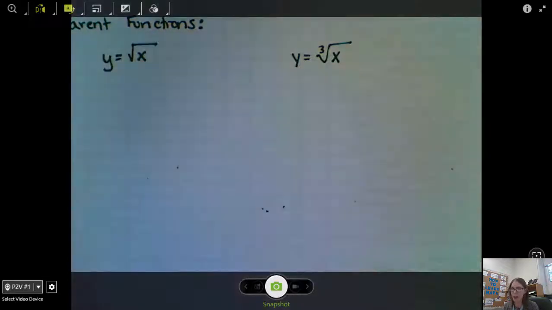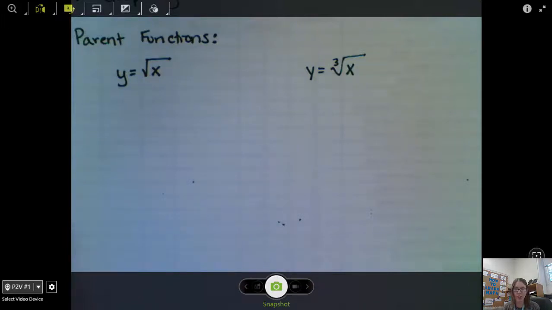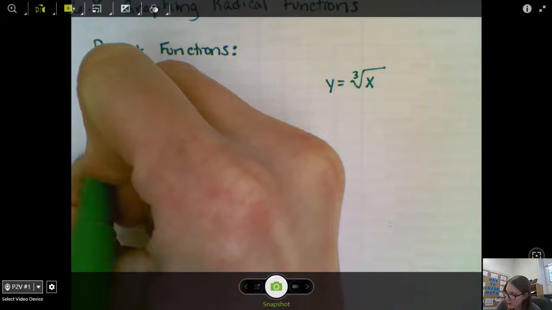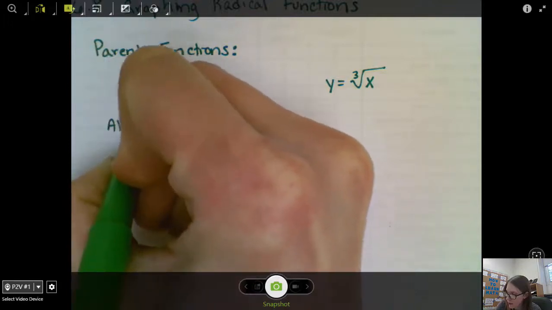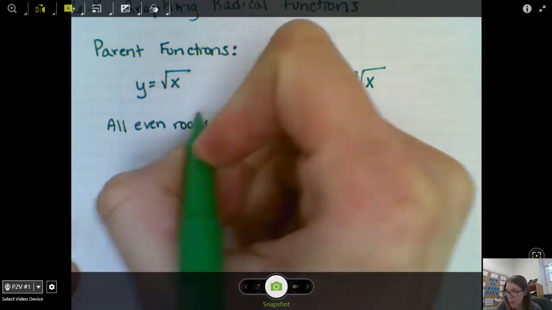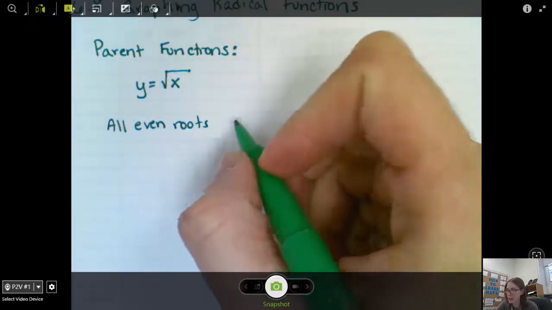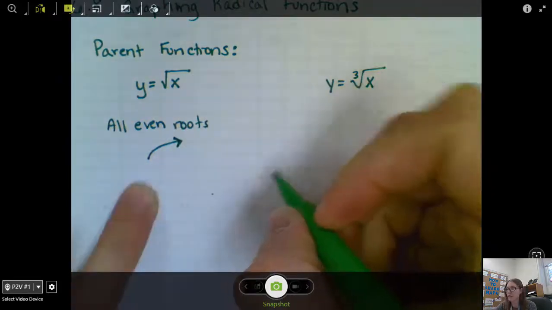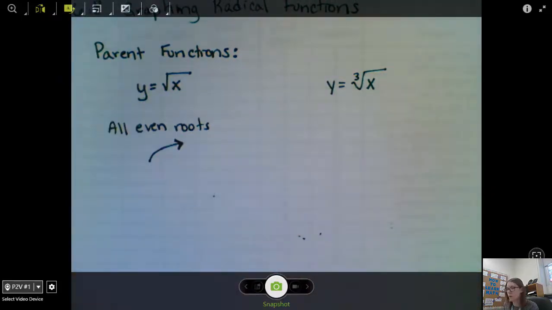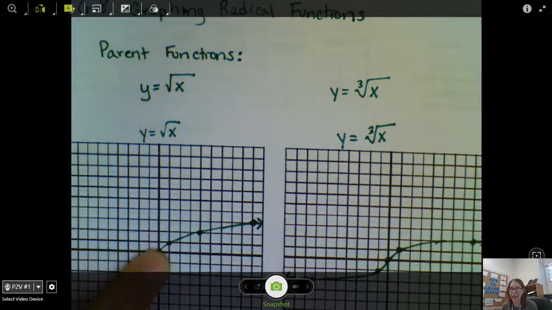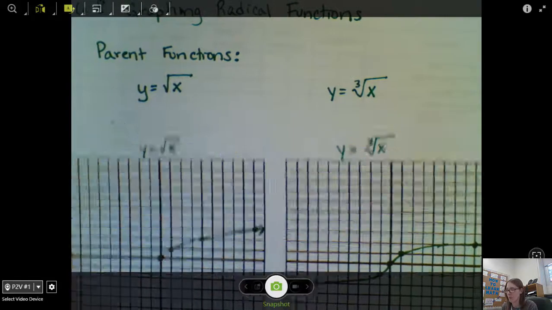Okay. One other thing I want to say before we start actually graphing is that all of our even roots, whether it's a square root, fourth root, sixth root, all of those even roots are going to have this shape. Now, we might have different x and y values, but all of our even roots will have an endpoint and go in one direction.